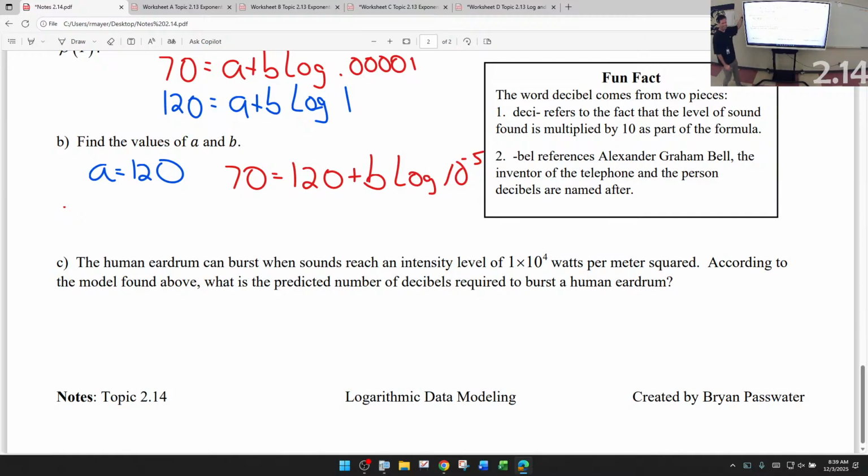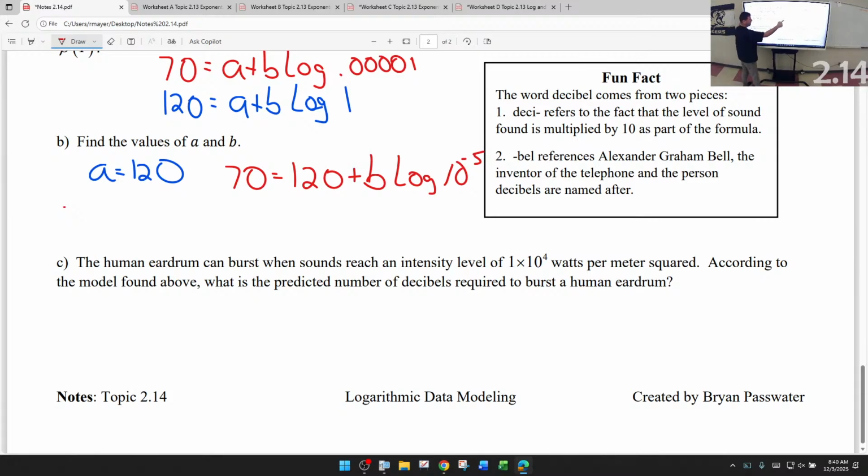What's log of 10 to the negative 5th? Negative 5. See, I don't need a calculator for this one. Because 1 times 10 to the negative 5th is 10 to the negative 5th, and log base 10 of 10 to the negative 5th is just negative 5.